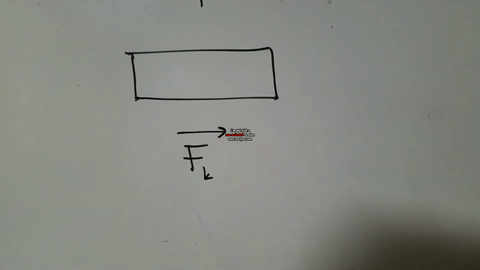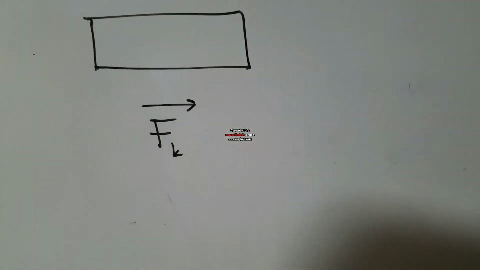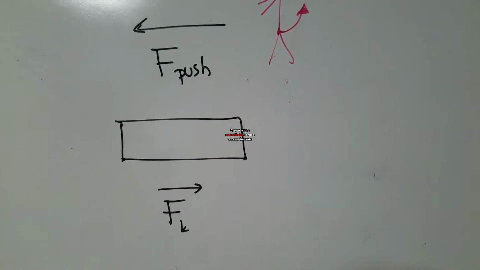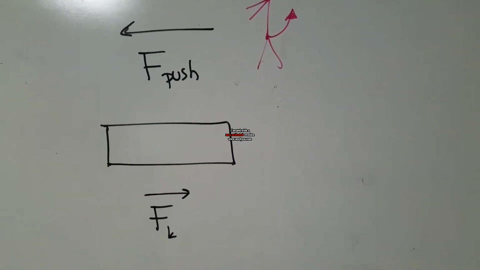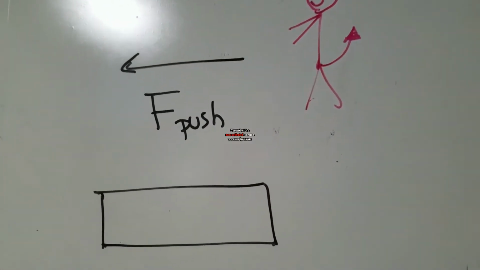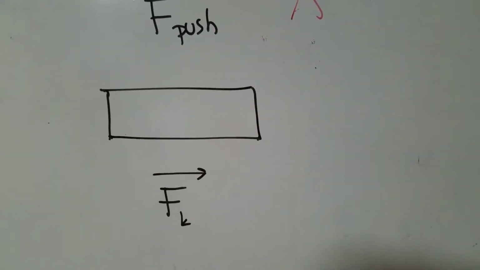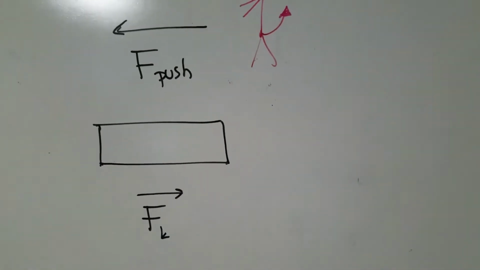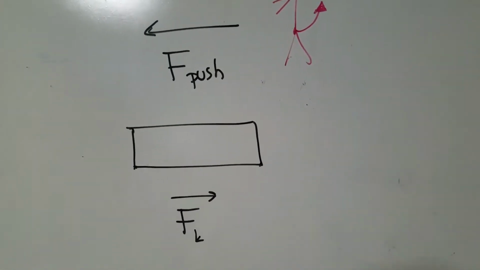And then we have the force of kinetic friction, which is F sub K, and it's acting in the opposite direction. One more thing I would like you to take note of is the magnitude of these vectors. You notice that the arrow for push force is larger than that of the friction force. This means that the push force overcame the friction force to be pushed to the left.